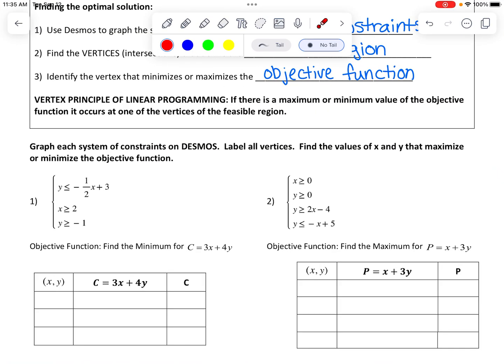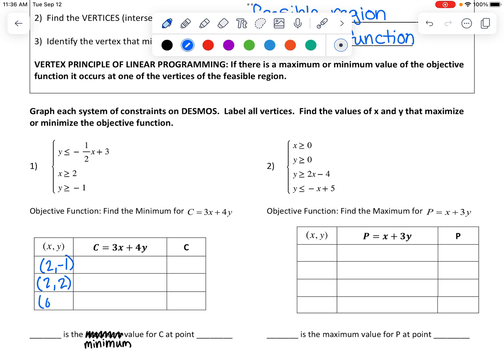All right, so I said we had (2, -1). We had (2, 2). And we had (8, -1). Okay, so I'm listing my different vertices. This is telling us the objective function. We need to find the minimum based on this.